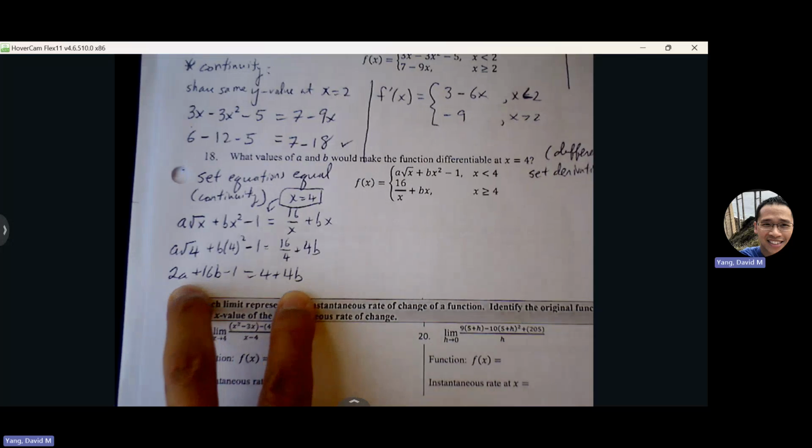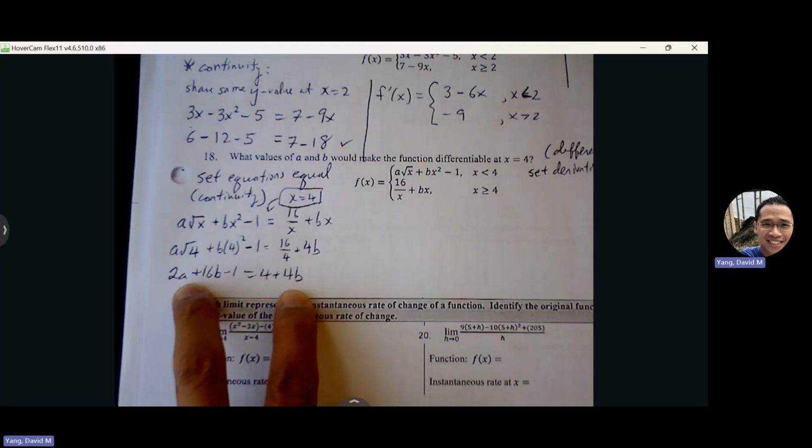We can only go so far because we still have a and b unresolved. We can combine like terms, but we know we need some help from another equation if we want to get it all the way down.